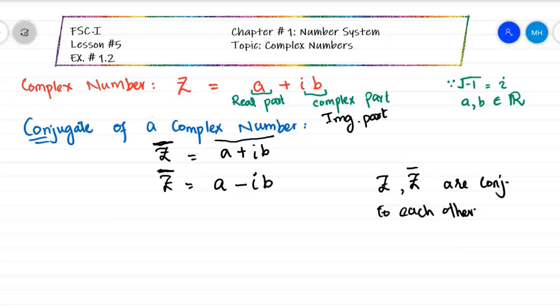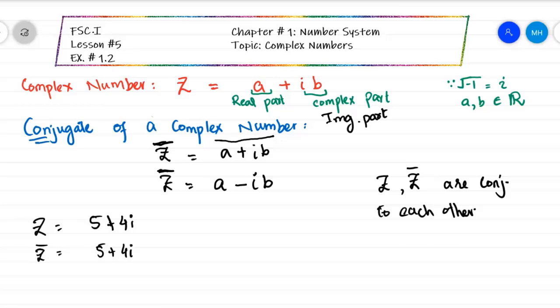Let's take one example. If we have a complex number z equals 5 plus 4 iota, and we take the conjugate of this complex number, what will happen? Yes, you have to take the bar on both sides.